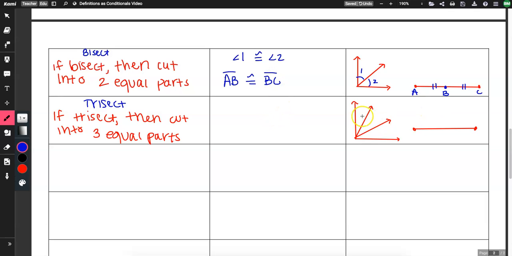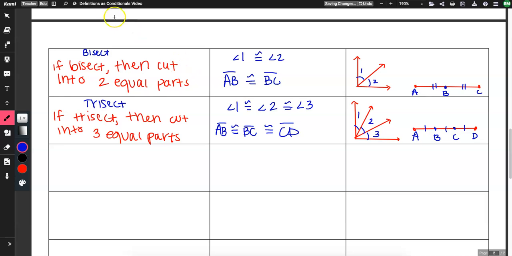For a trisected angle, 1, 2, 3, those guys are all congruent if it's trisected. And then we have A, B, C, and D. So these 3 pieces, AB, would be congruent to BC, which would be congruent to CD.